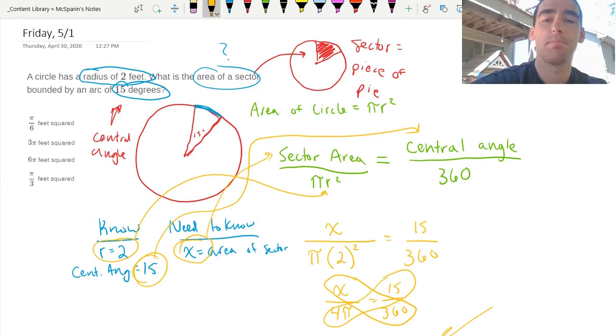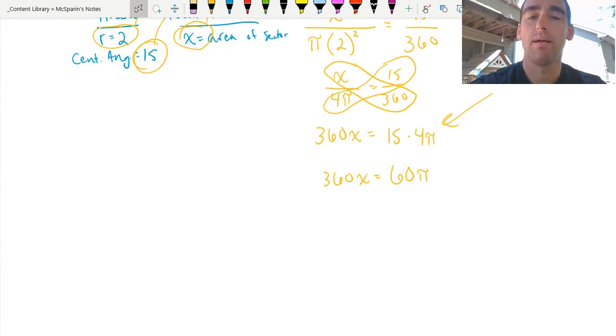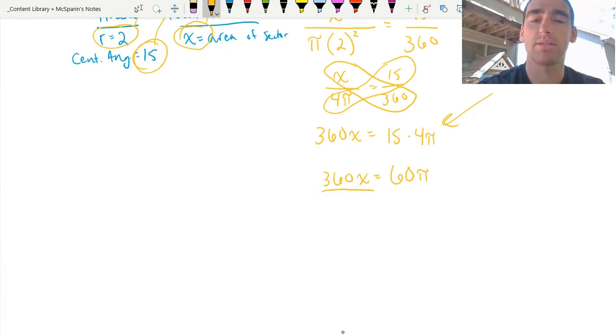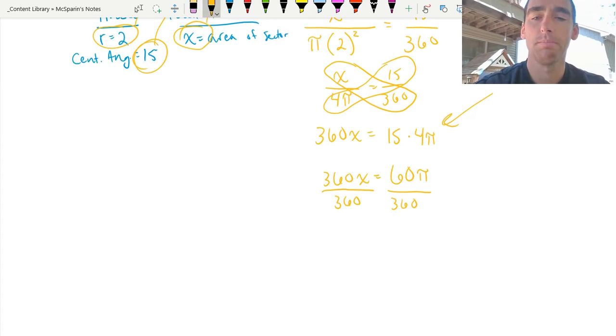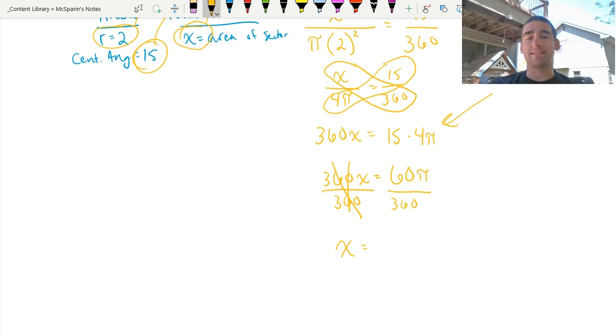All right, so now I need to get x by itself. 360 is multiplied by x, so to get rid of 360, I have to divide by 360. All right, so that cancels those out, and I've just got x on my left side. Now, we need to simplify this fraction, okay?